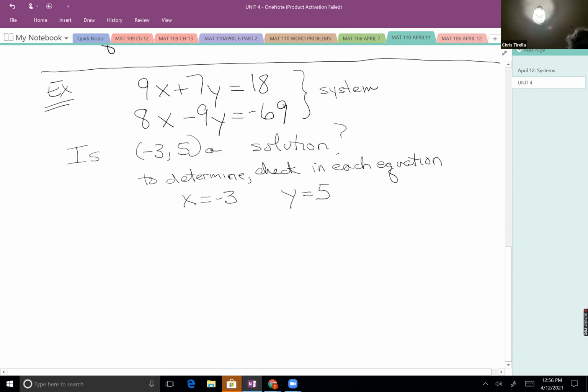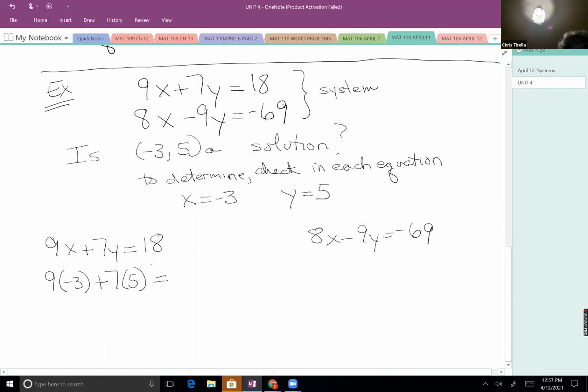And again, I've got to do it in both equations. So I have 9x plus 7y equals 18, and my other equation is 8x minus 9y equals negative 69. I'm going to have to do two checks. First one, if x is negative 3, that would be 9 times negative 3 plus 7 times 5. And I want to know, does that equal 18?